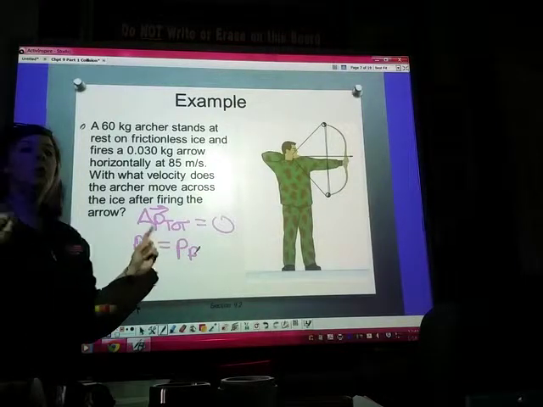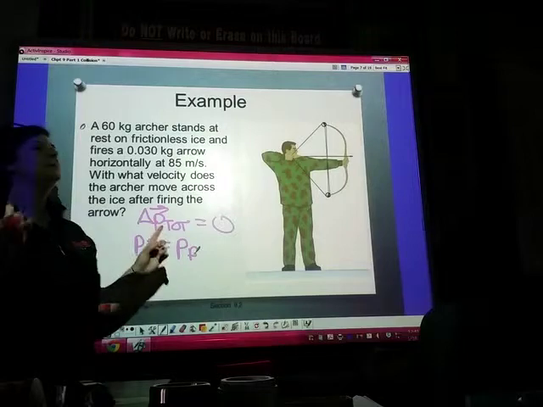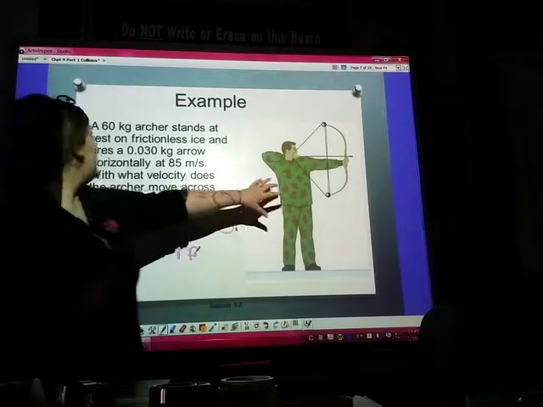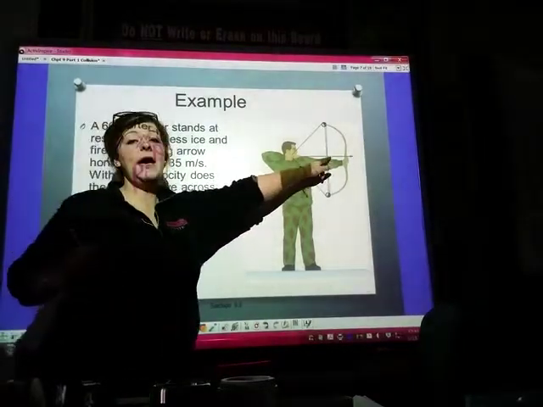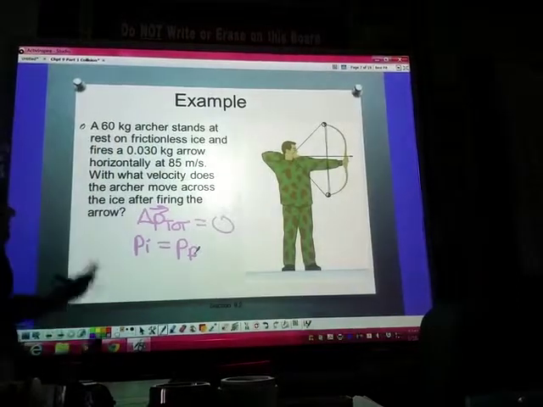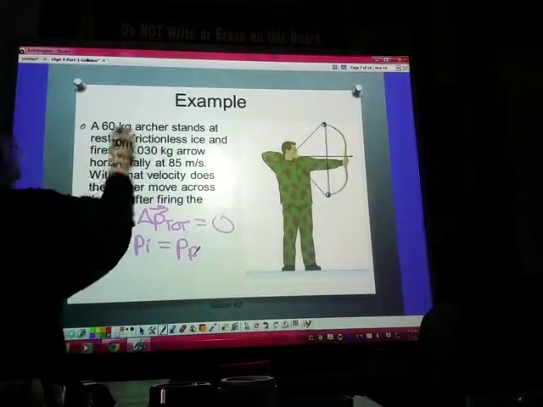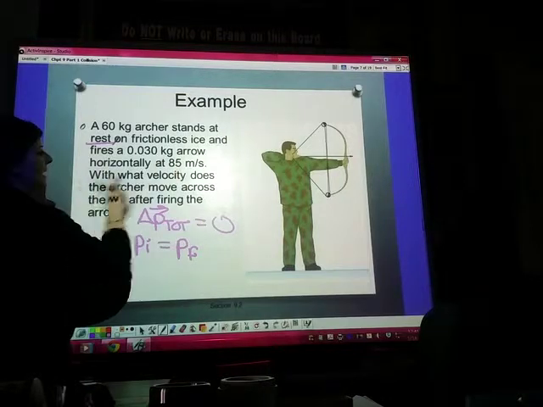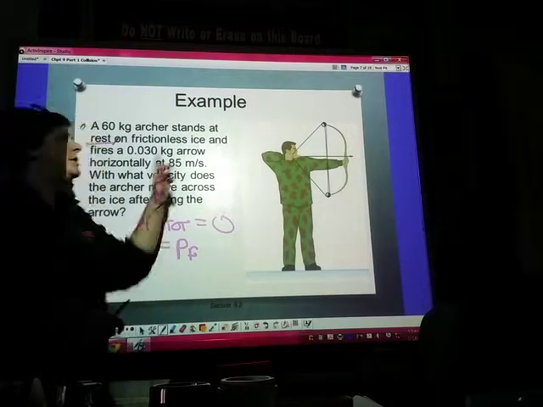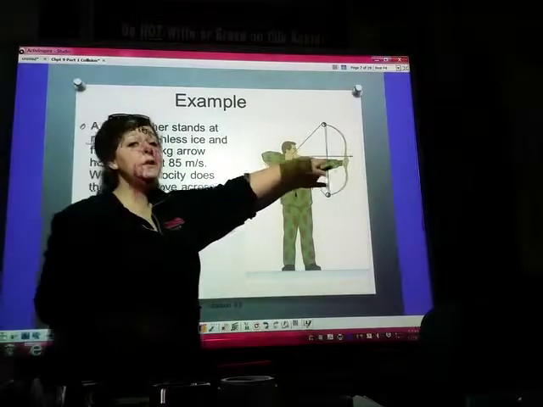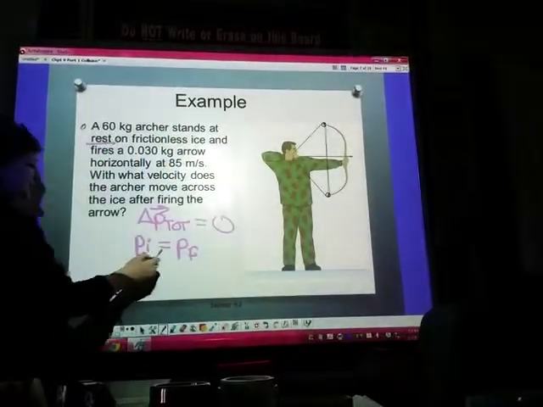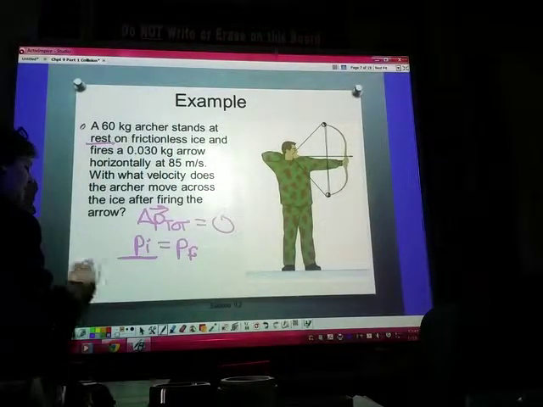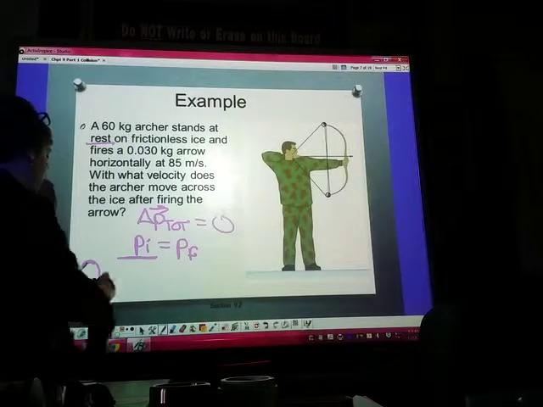I have 2 objects in this system. I have the archer, and I also have the arrow. So initially it says that the archer stands at rest and then fires an arrow horizontally. So initially the archer is at rest and the arrow is at rest. So initially here, that's just going to be equal to 0.